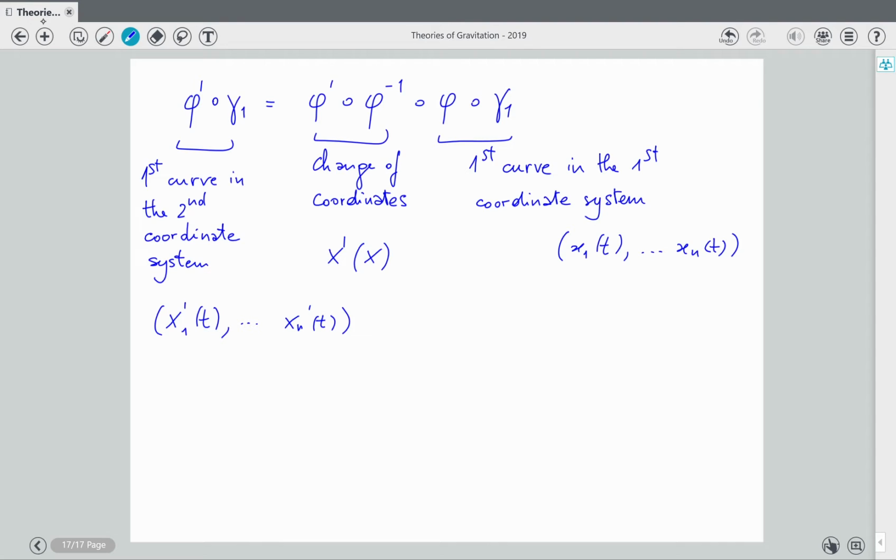So basically we are just viewing the first curve written in the second coordinates as this composition: x prime of x, and then x is x of t.